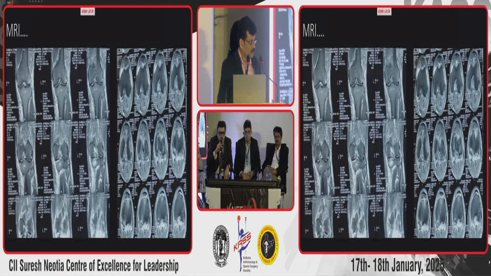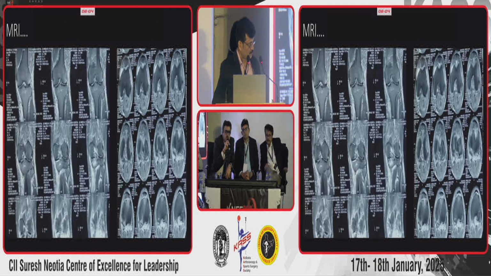In this image, I am not able to see the popliteus properly. That image is missing. No, popliteus is there, but I can't see the tendon of popliteus. That's the image missing.